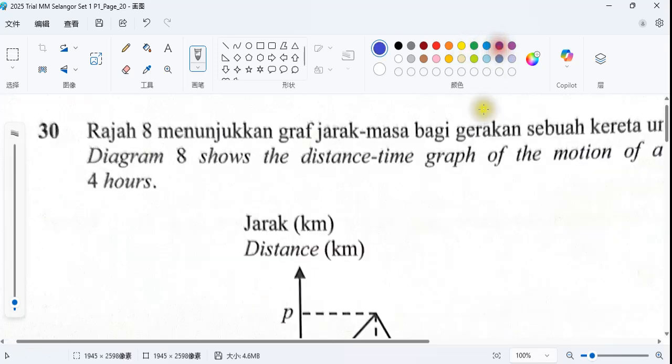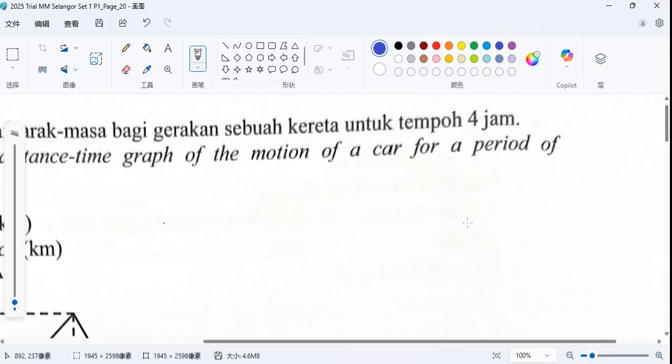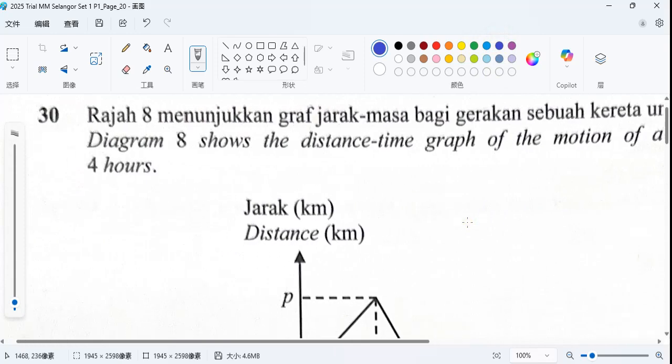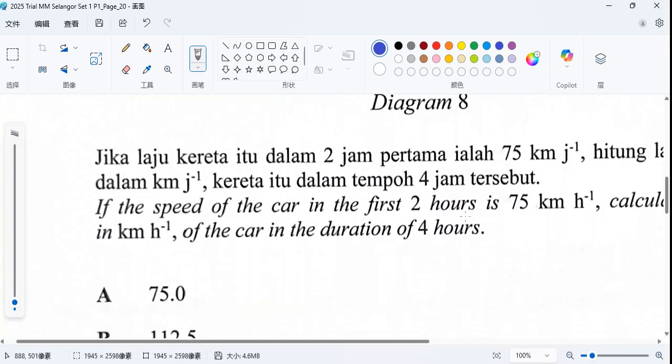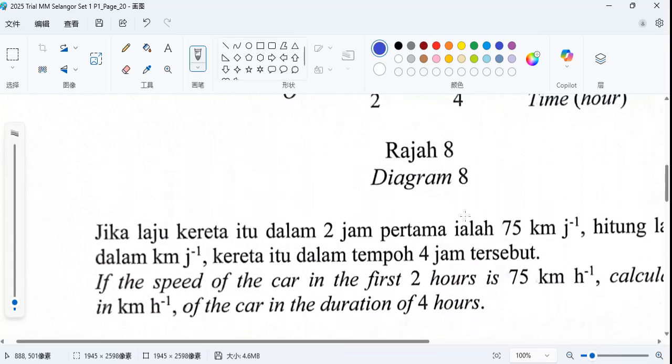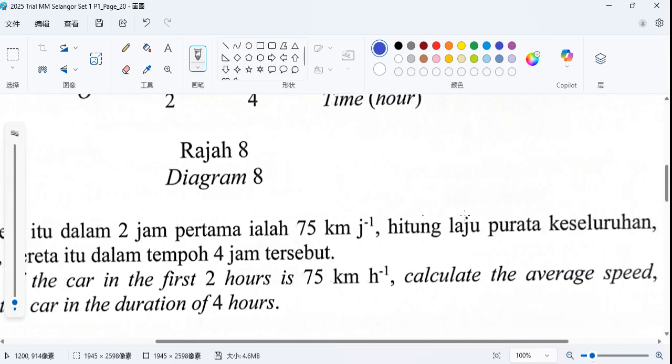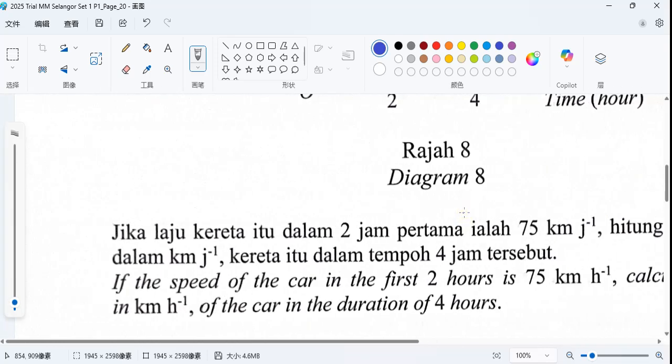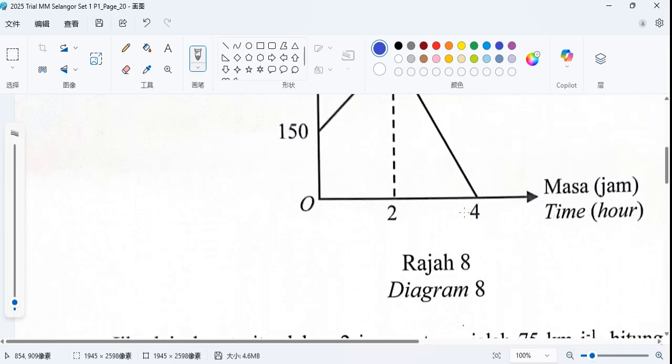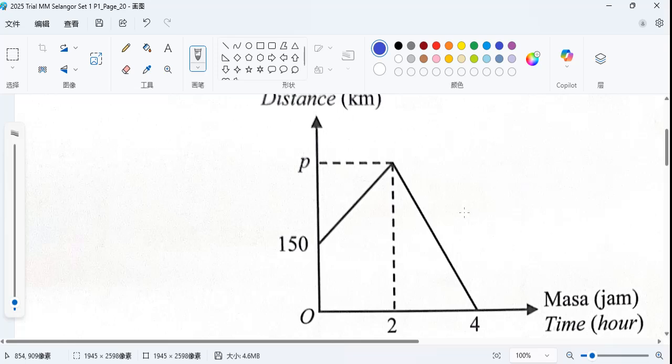Question number 30. Diagram 8 is a distance-time graph of the motion of a car. If the speed of the car in the first 2 hours is 75 km per hour, calculate the average speed of the car during the 4 hours. So the gradient here is 75.